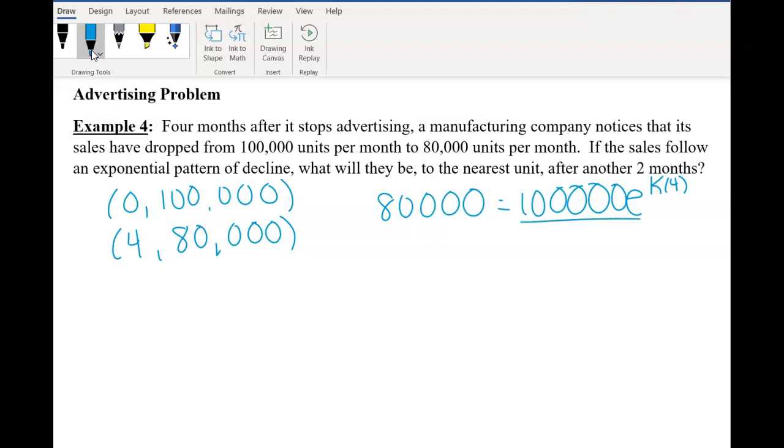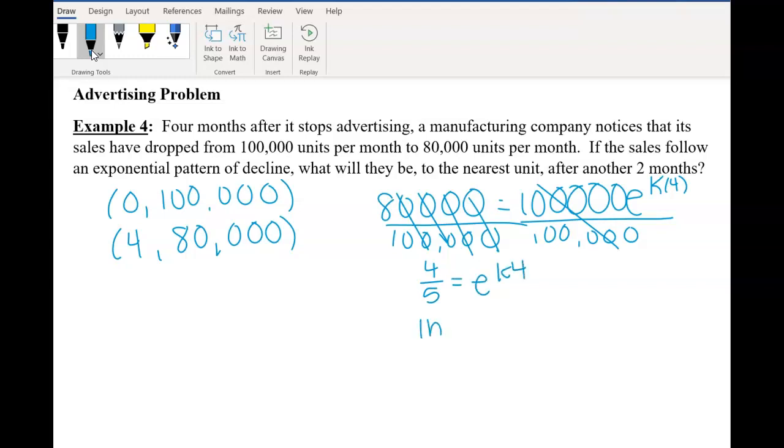Solving for k. That leaves you with 8 over 10, which is really 4 over 5. Taking ln of both sides gives you ln 4/5 equals 4k. 4k equals ln 4/5, divided by 4.